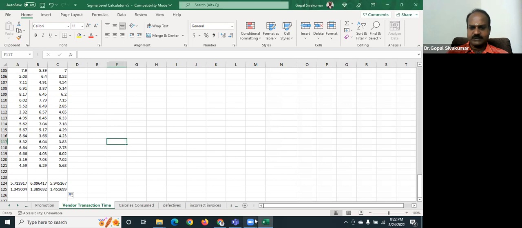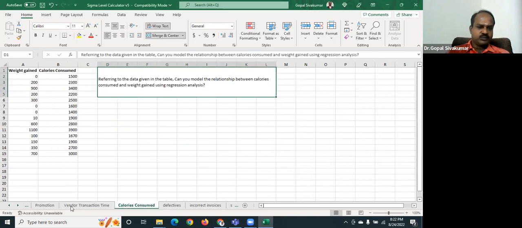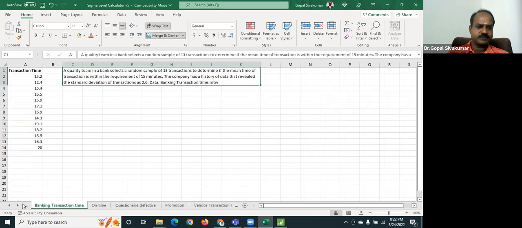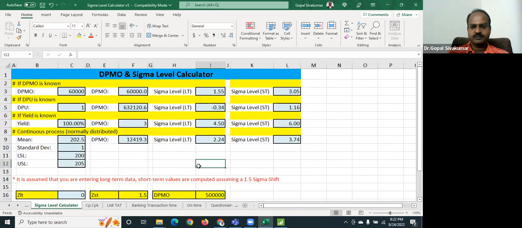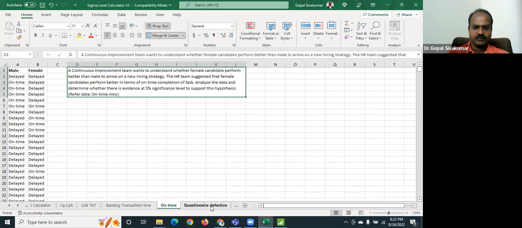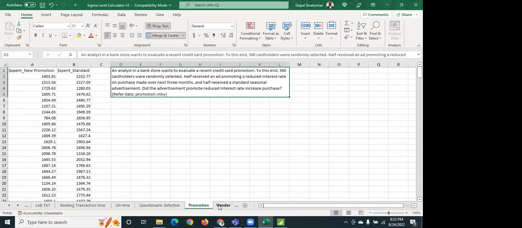So Minitab is getting opened. Let's get it loaded. All right, I think Minitab is ready. So we have bank transaction time, on time, questionnaire, promotion, vendor.